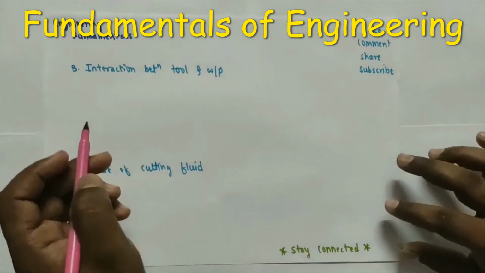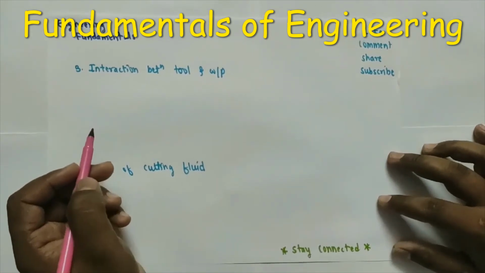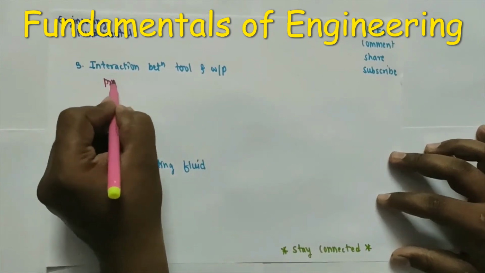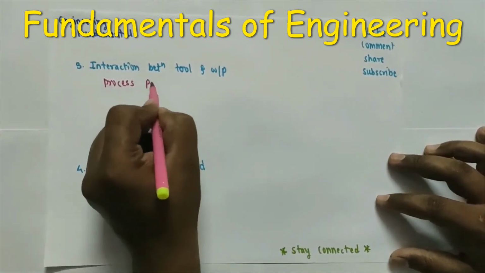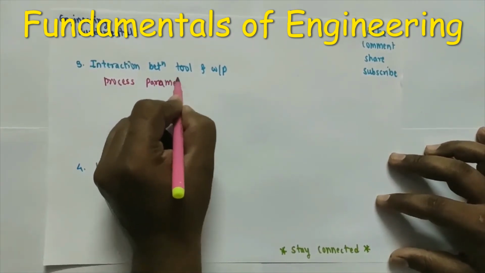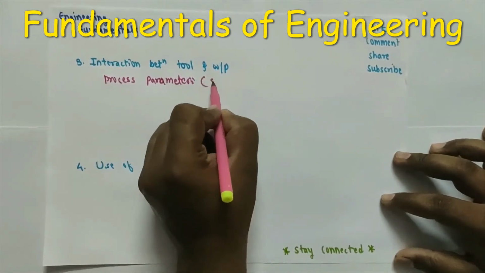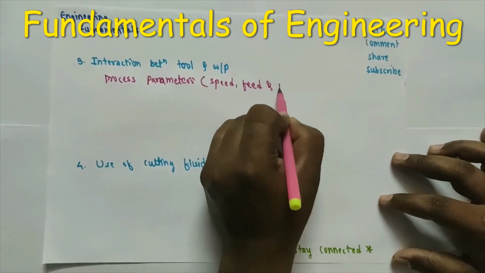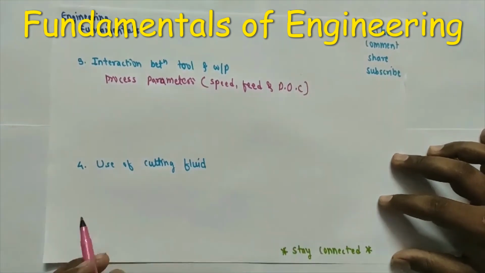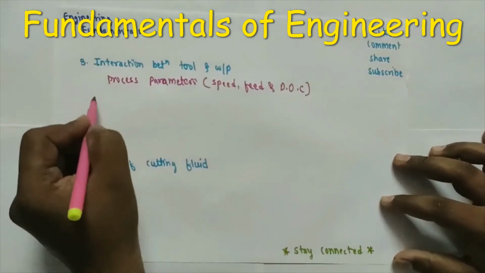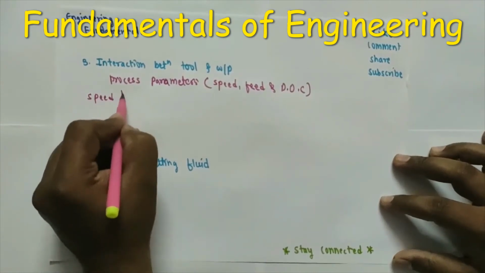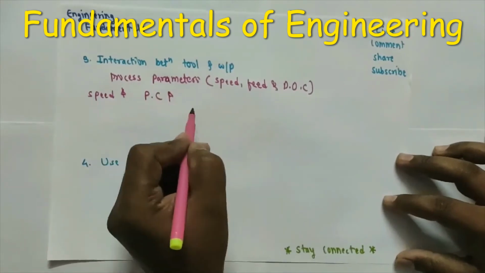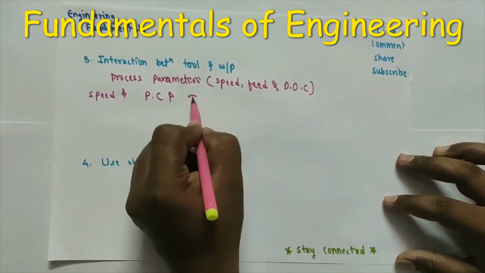Then the third factor is the interaction between tool and workpiece, meaning the process parameters, like speed, feed, and depth of cut. If the speed is increased, that will increase the power consumption and reduce the tool life.